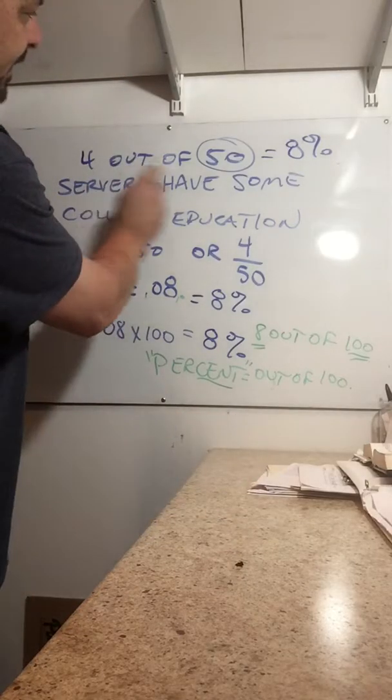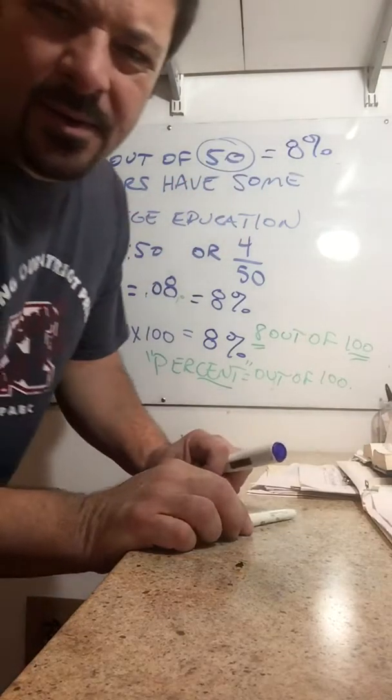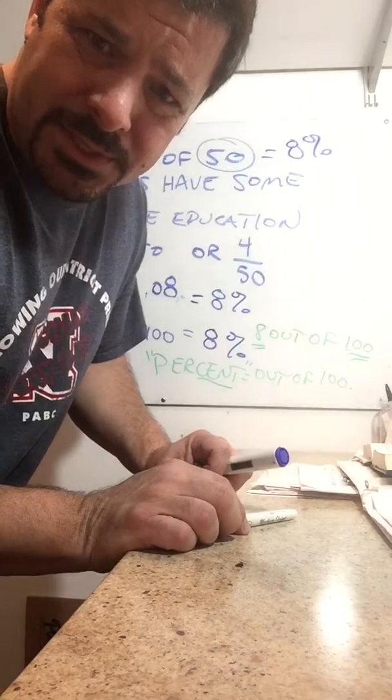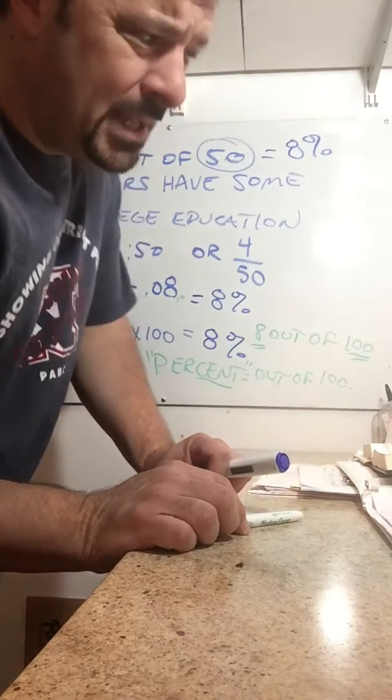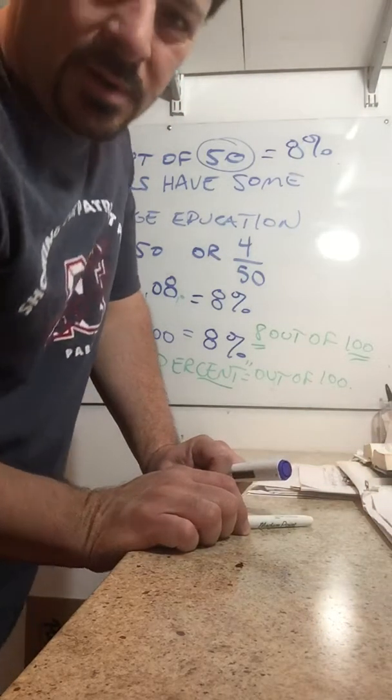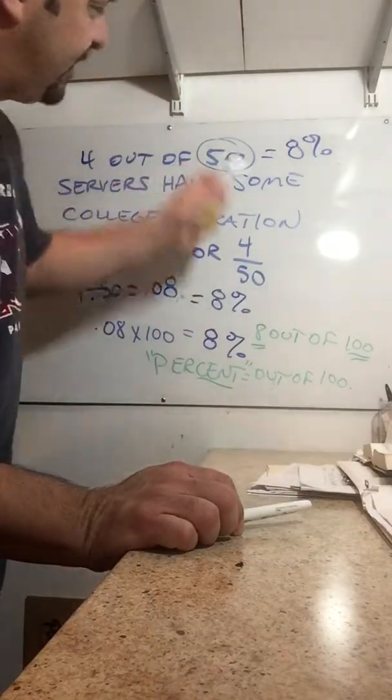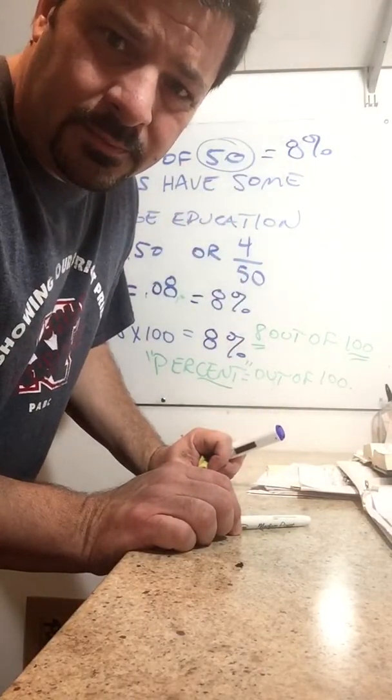We get some sample data. Now, we could use this to predict any number. Let's say that 4 out of 50, let's say that's normal.